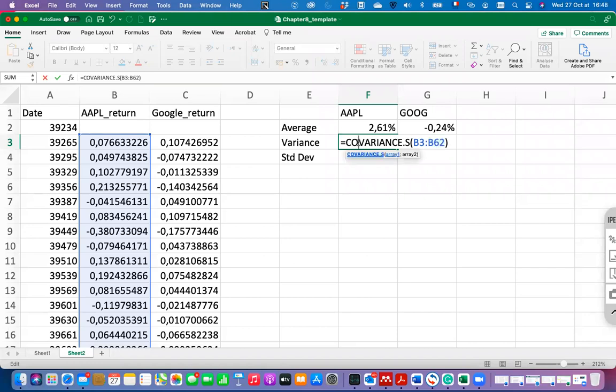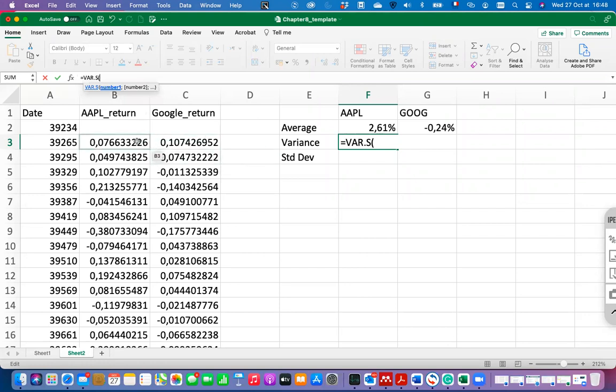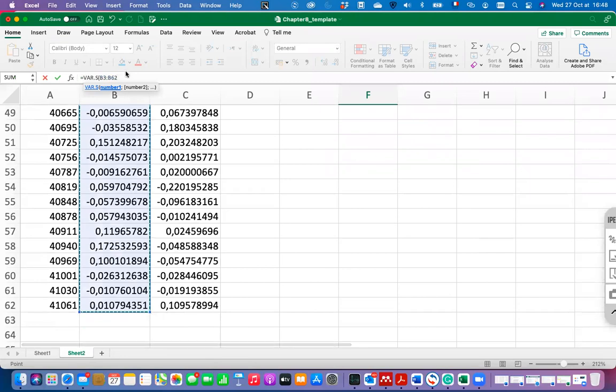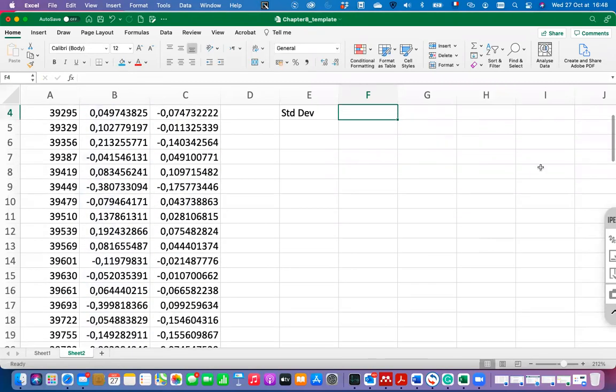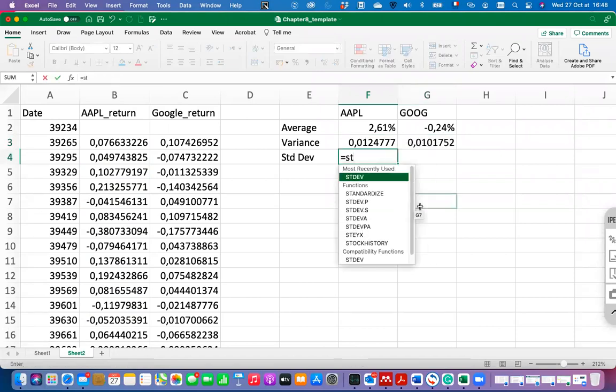Here variance S for Apple, then Google, and finally standard deviation S.